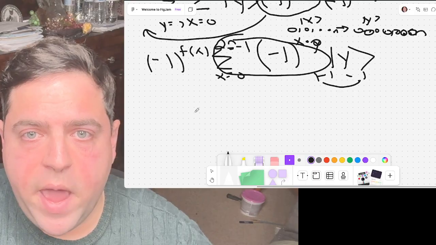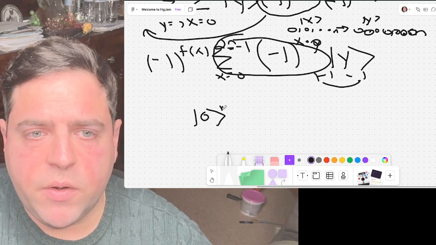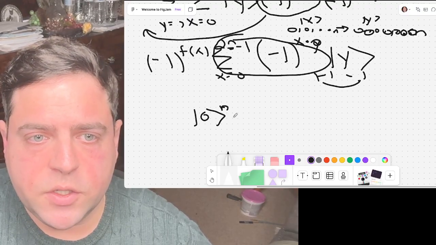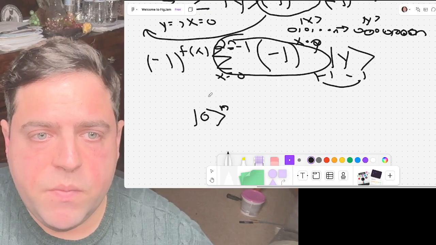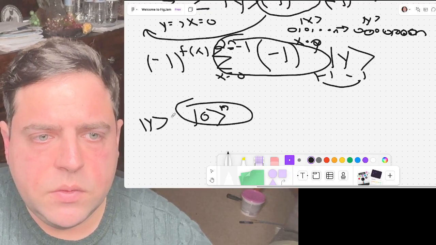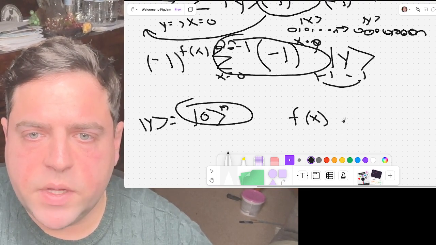So what we need to happen here is y to be 0 to the n. Otherwise, this will zero out. There's a zero probability. Again, this is if f of x is a constant function. So if we measure and we get that y is in this state here, we know that f of x is a constant function. F of x is constant.